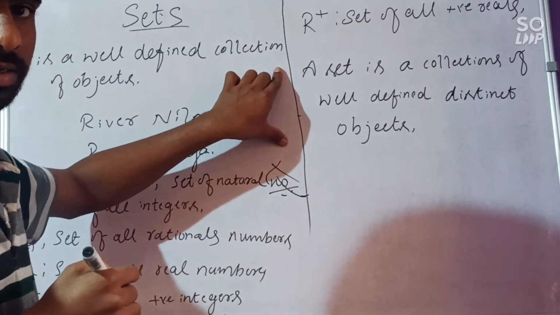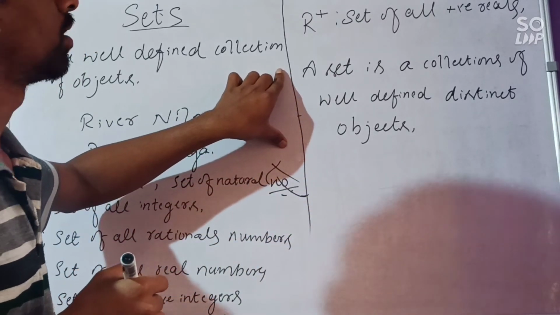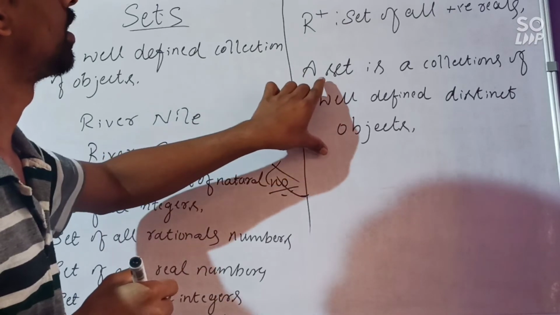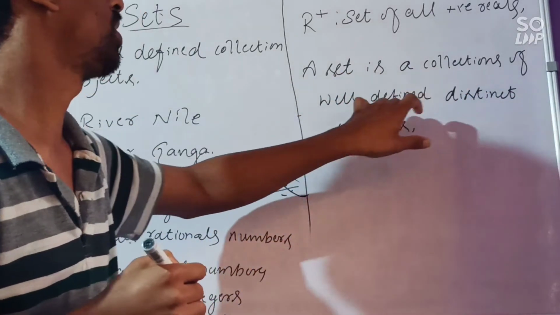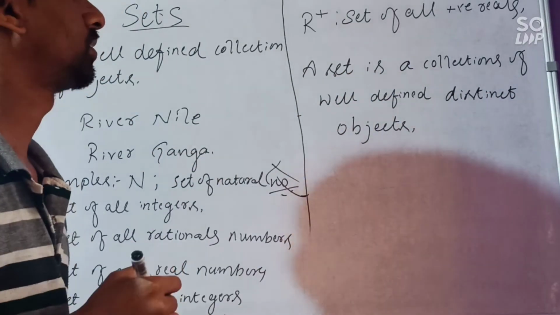What is a set? And what is meant by set? A set is a collection of well-defined distinct objects.